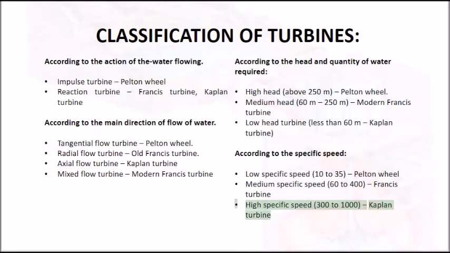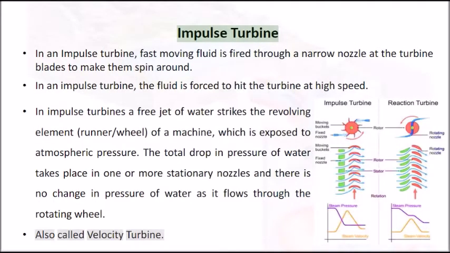Impulse turbine. In an impulse turbine, fast-moving fluid is fired through a nozzle at the turbine blades to make them spin around. The fluid is forced to hit the turbine at high speed.